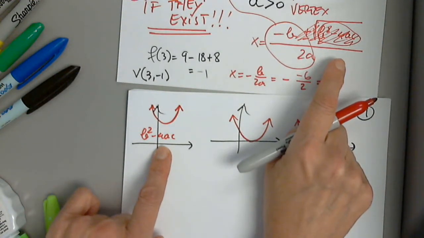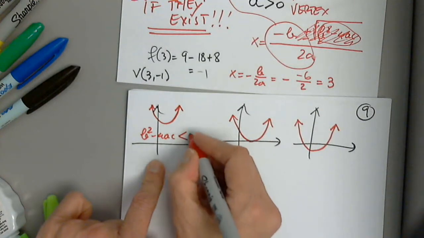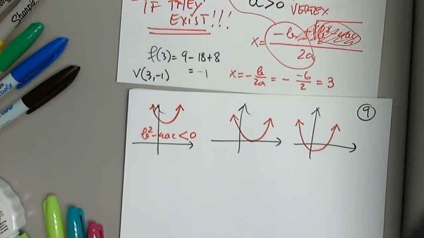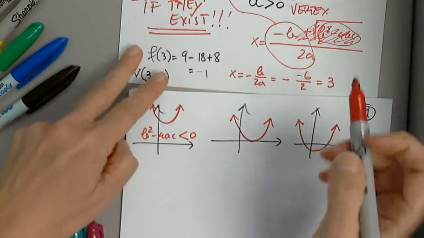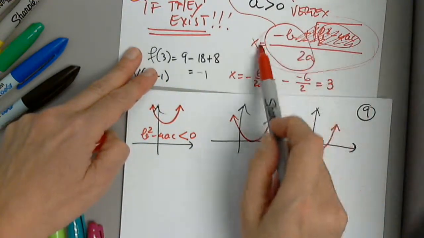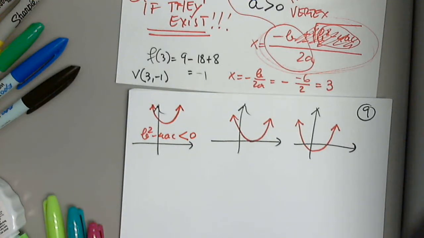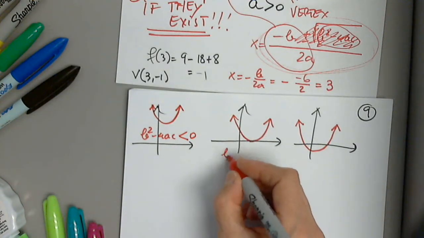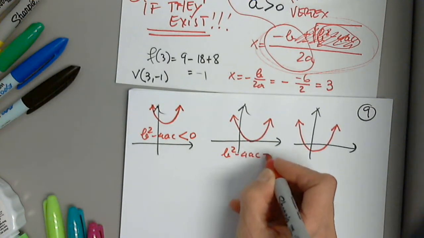They are imaginary solutions. So when the quadratic function does not touch or cross the x-axis, the discriminant must be negative because these numbers are imaginary. What about here? What will b squared minus 4ac equal to?